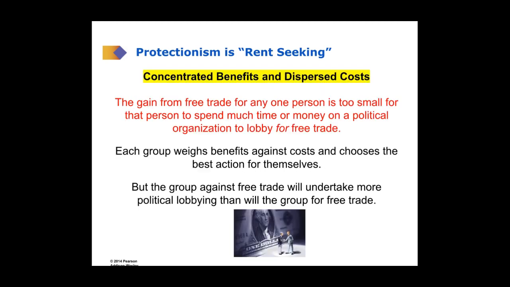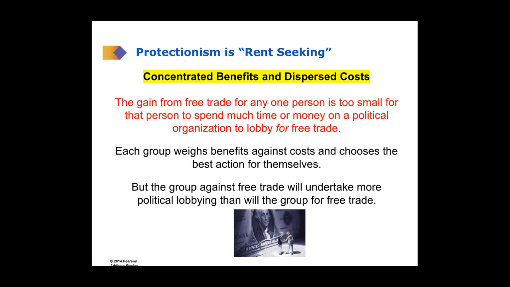We see the situation often with rent seeking and political activity that there are concentrated benefits and dispersed costs. The gains from free trade for any one person are really too small for that person to spend a lot of time, money, or political activity working on it. So we all benefit from free trade, but we all benefit a little bit.